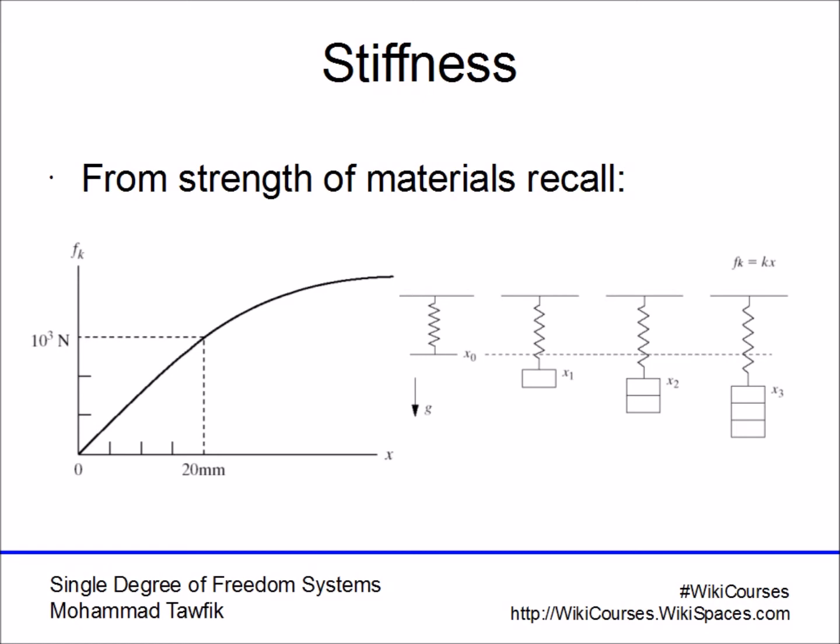Now actually we can generalize this for any system, not just vibrating or mechanical systems, such that whenever the change in the variable of a system is proportional to the externally applied excitation, we call the constant of proportionality a stiffness.